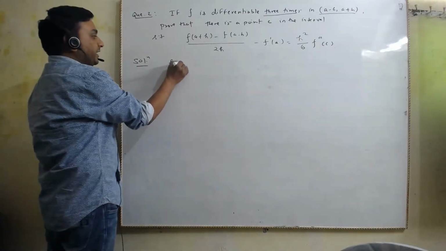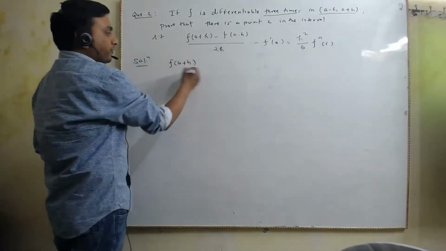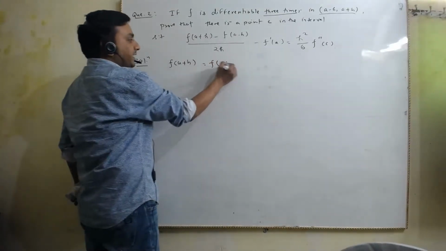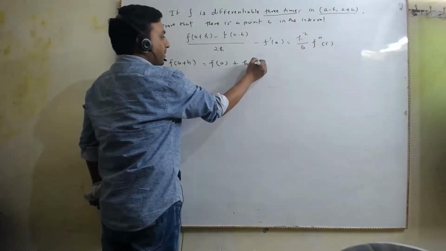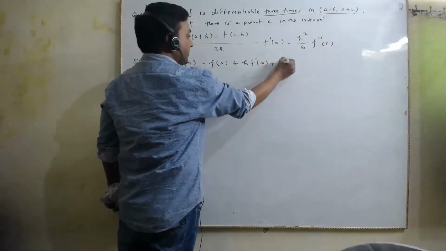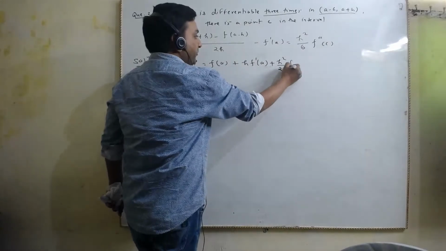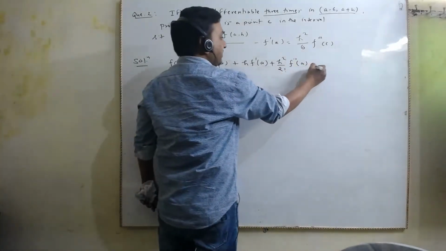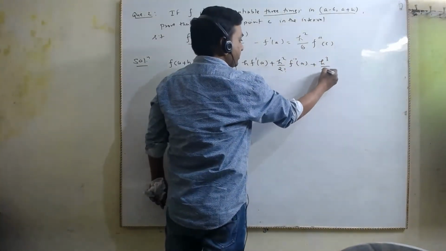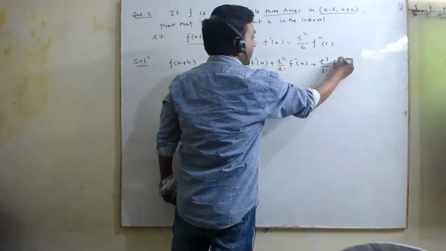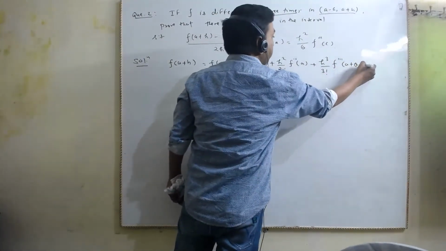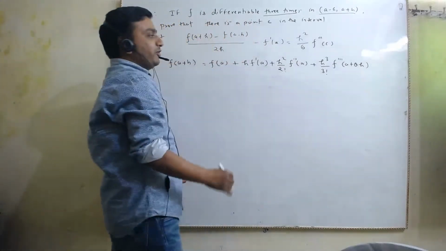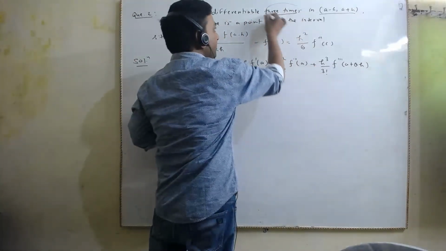So let's say if I go by Taylor's for f of a plus h, it will be f of a plus h into f dash a plus h square by factorial 2 into f double dash a plus h cube upon factorial 3 f triple dash a plus theta h. Why have I stopped here, Prakhar?